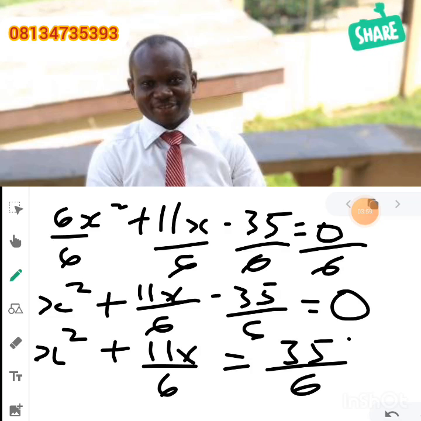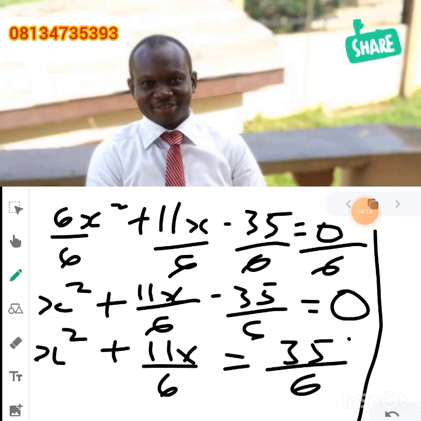Now we have x squared plus 11x over 6 equals 35 over 6. Now what's the next thing to do? Step 3 says square half of the coefficient of x. So this is the coefficient of x. Let's square the half.